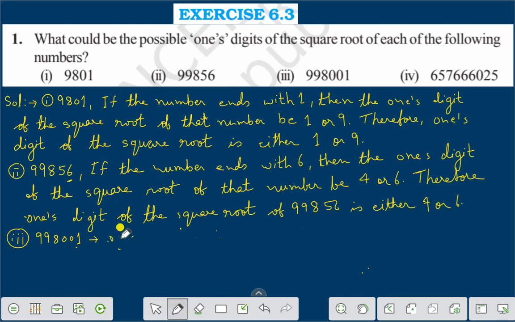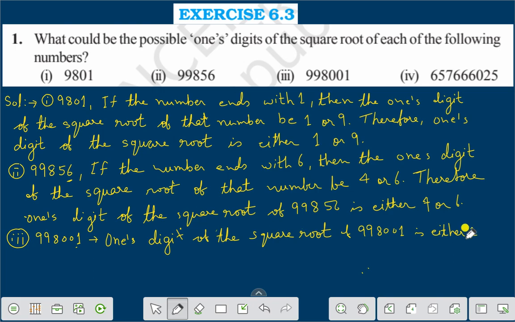Therefore, the ones digit of the square root of 9980001 is either 1 or 9.